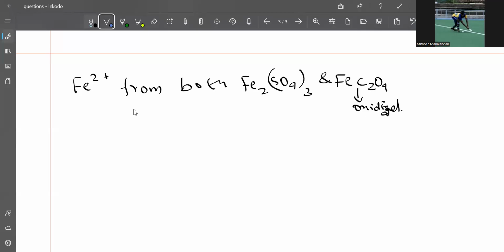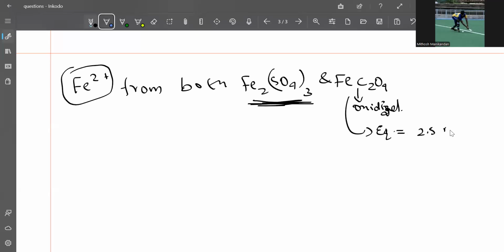Okay. So you have both. When we do the reduction part, we will get Fe2+ from reduction of Fe3+ in Fe2(SO4)3 and reduction of the oxidized part of FeC2O4. Okay. So this we already know, the equivalence is 2.5 milli equivalent, right?